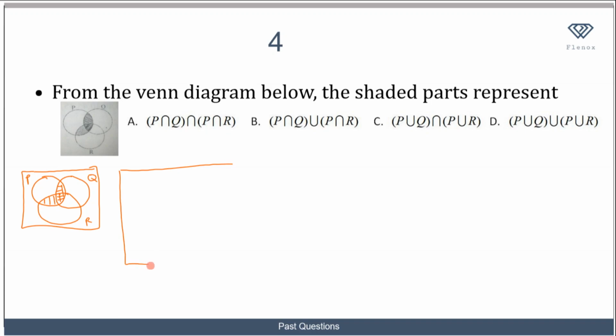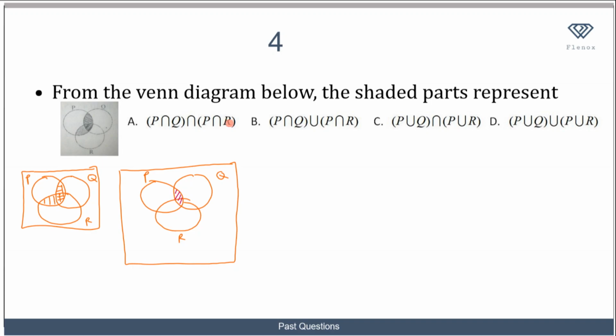So for the first part now, we are told that it is P intersect Q intersect P intersect R. So what does this mean? We'll start out by figuring out P intersect Q. We know P intersect Q is this space between P and Q, which is here.